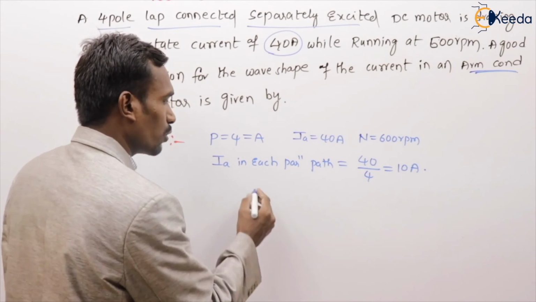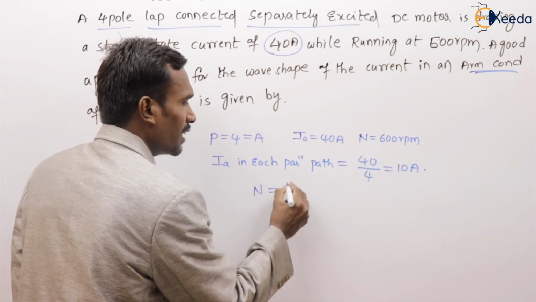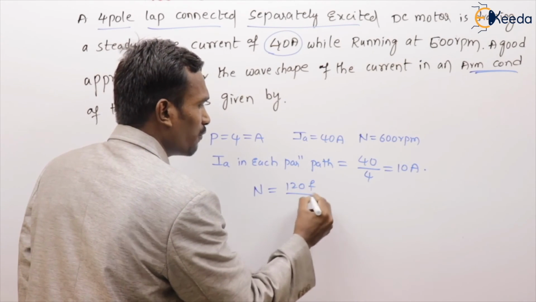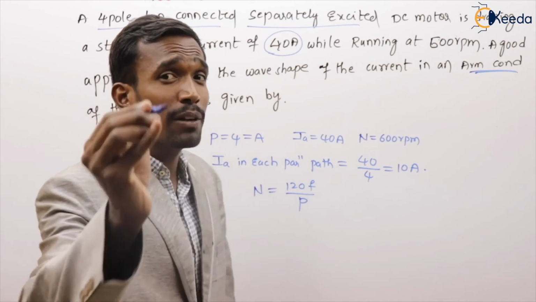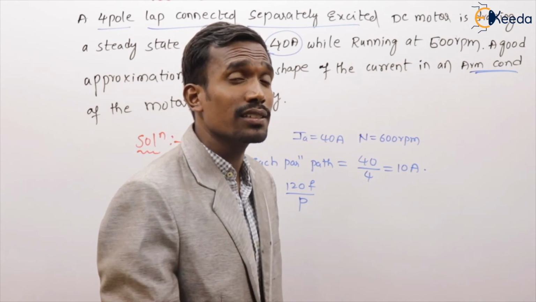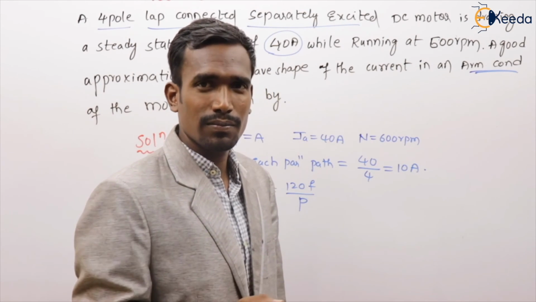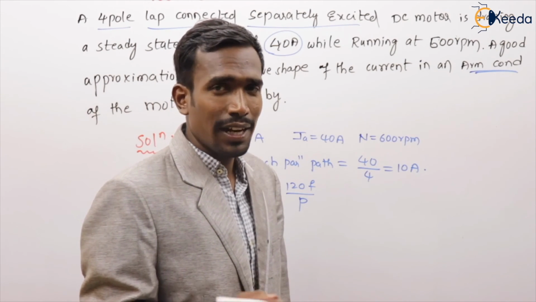For that, we have to know the frequency. N is equal to 120 F by P, because the EMF induced in the armature is AC, it is not DC.